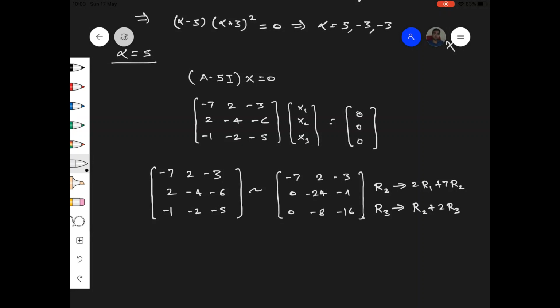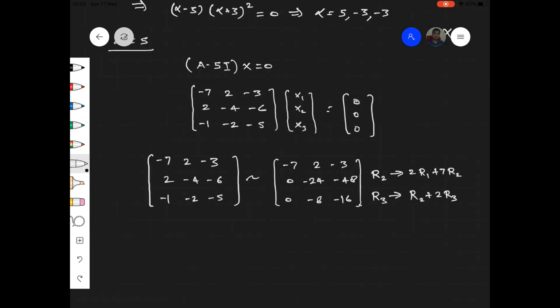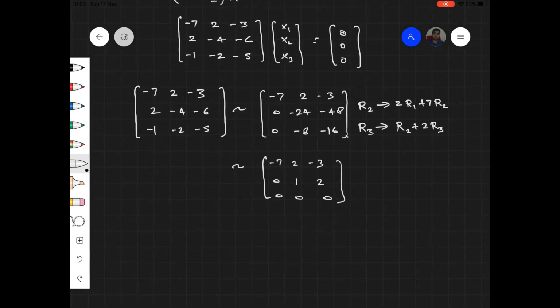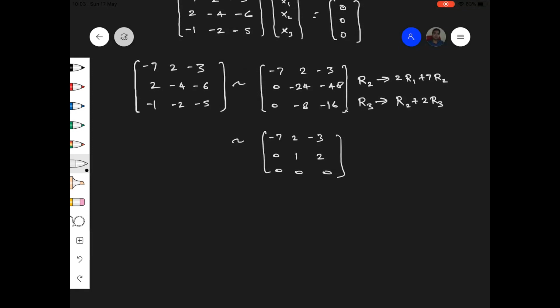Now we see the third row and the second row are scalar multiples of each other, so we can apply one more fundamental row operation on row 2 and row 3, and it will turn the matrix into -7, 2, -3; 0, 1, 2; 0, 0, 0, which is actually in row reduced echelon form.